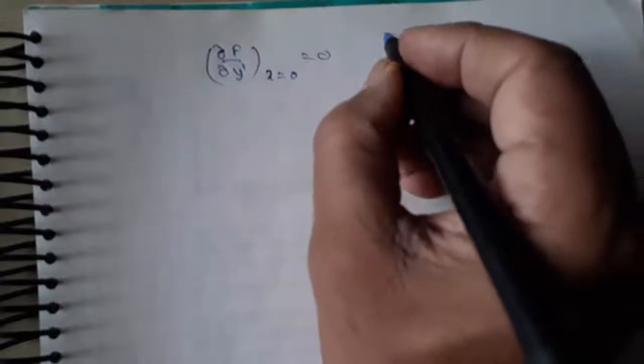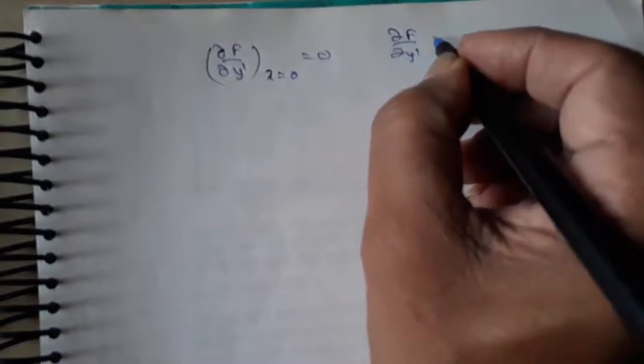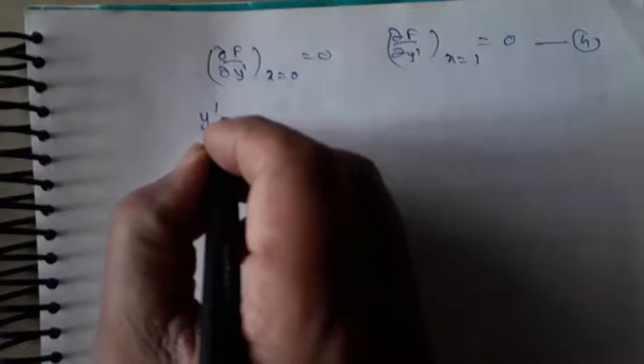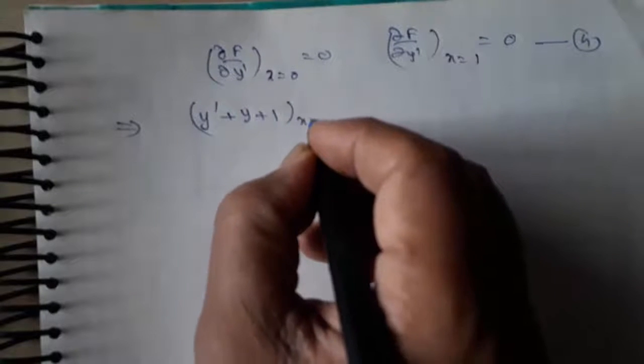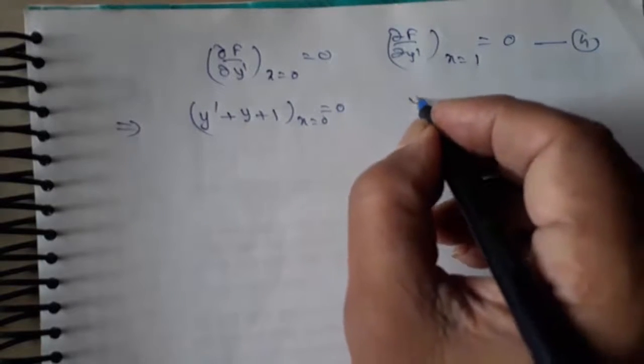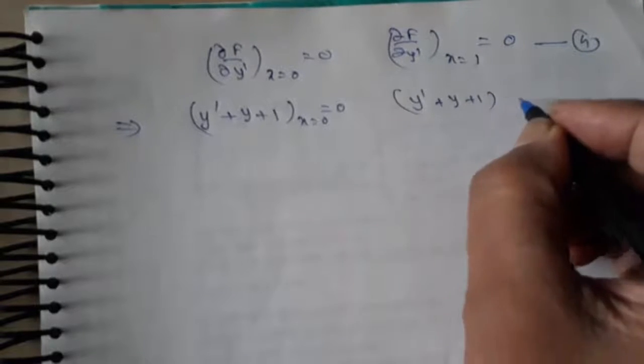Therefore, we shall use the condition that ∂f/∂y' at x equal to 0 is 0 and ∂f/∂y' at x equal to 1 is also 0. Therefore, y' + y + 1 at x equal to 0 is 0 and y' + y + 1 at x equal to 1 is also 0.